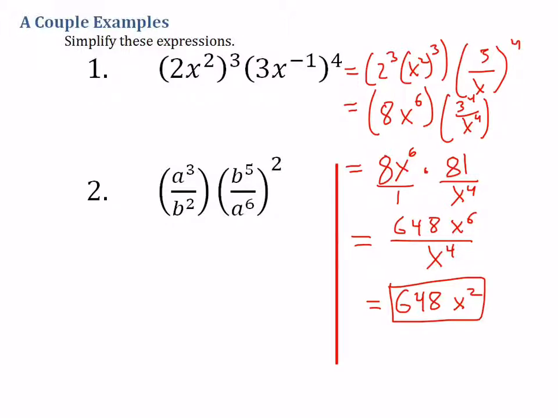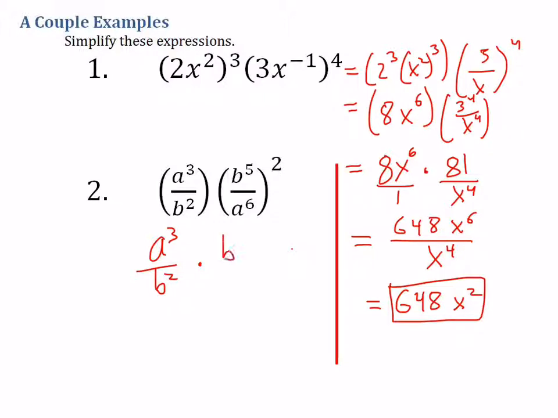All right. How about this guy? We've got a cubed over b squared. Let's leave that alone. Nothing to do there. In fact, I'm just going to get rid of the parentheses. A cubed over b squared. We have b to the 5th over a to the 6th, all squared.